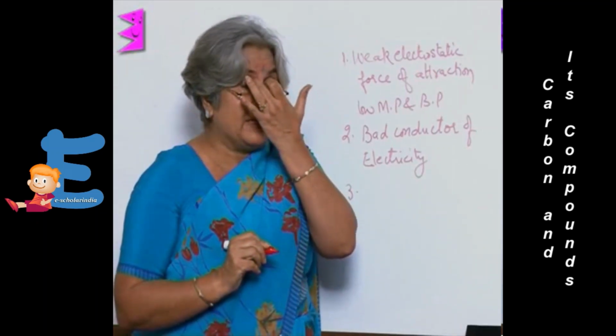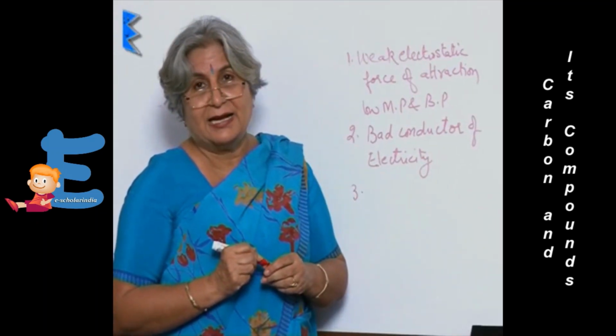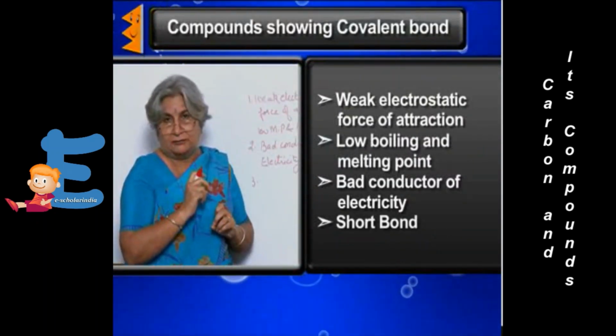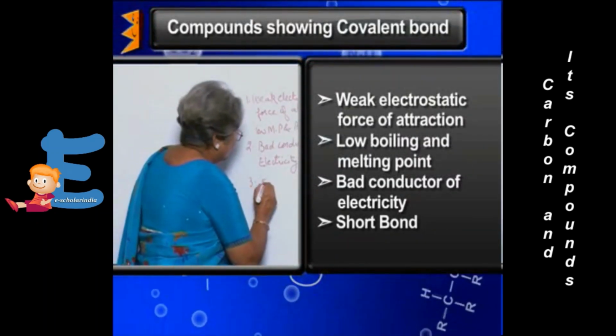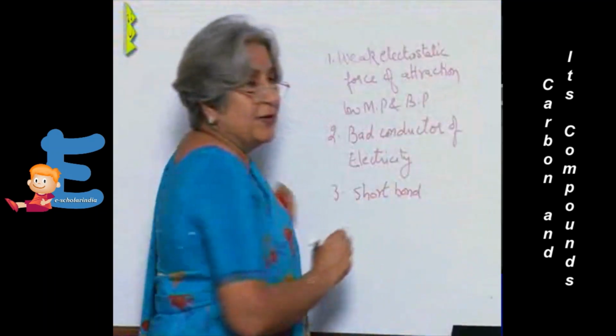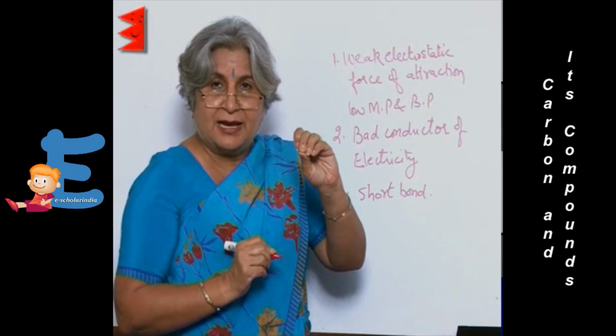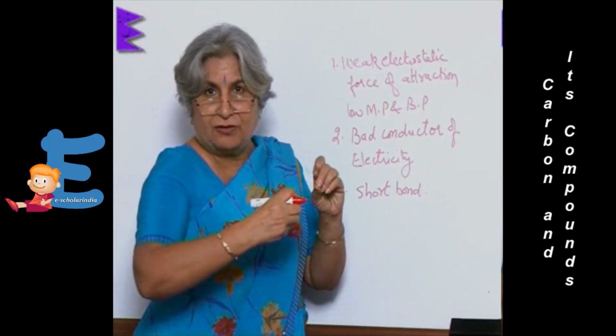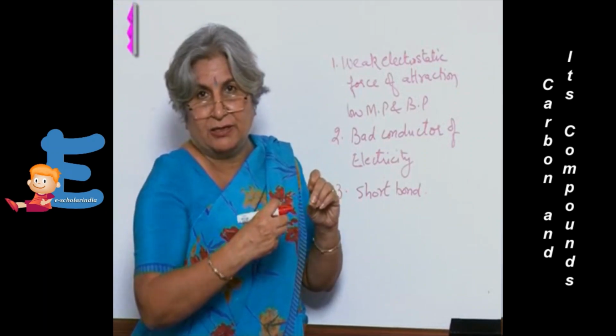In the case of carbon, there is one more advantage, and that advantage is that the bond is short. Why is it short? Because the distance between the nucleus and the outermost shell is less. So the electrons are always attracted towards the nucleus.